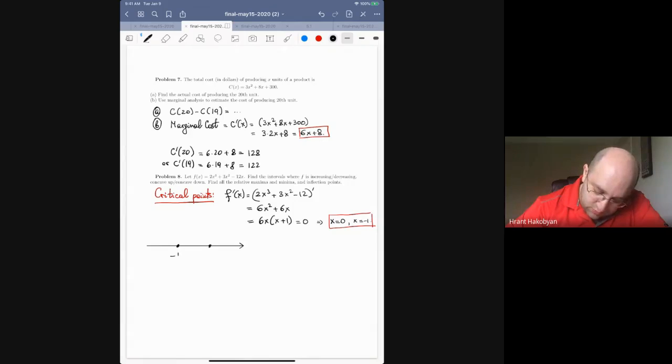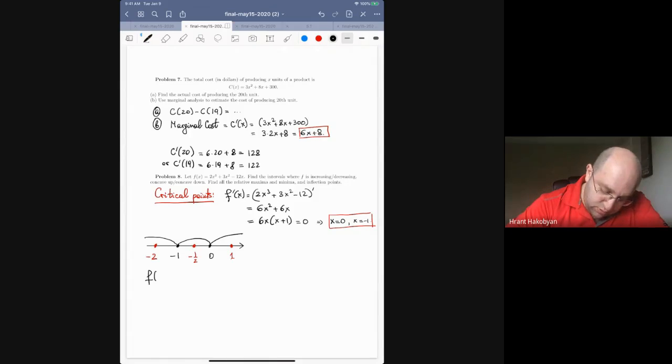So I have three intervals here, this, this, and that, and I have to figure out what sign the function has in each of these intervals. So I'm going to pick the points: 1 here, then negative 1/2 here, and negative 2 here. I'm going to take those points and calculate the derivative at those points.